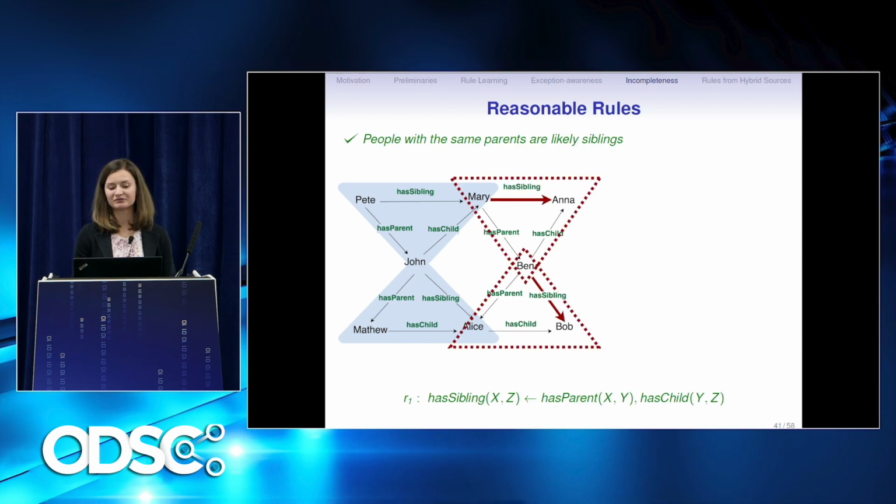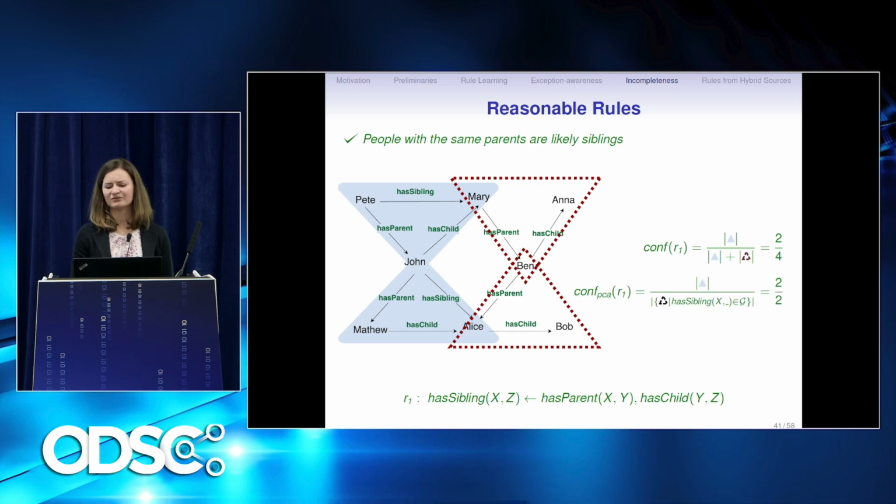Natural rule, we predict missing facts, all is good, and we have a certain confidence for this. That is 1/2 in this case. We have another measure that is this partial completeness assumption confidence, which is 1. This partial completeness assumption is the same as local closed world assumption introduced by Google some time ago. It's basically the same notion.